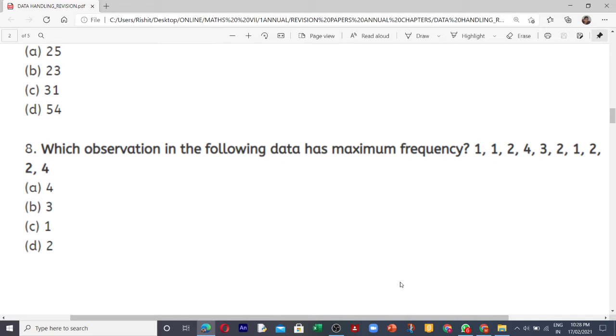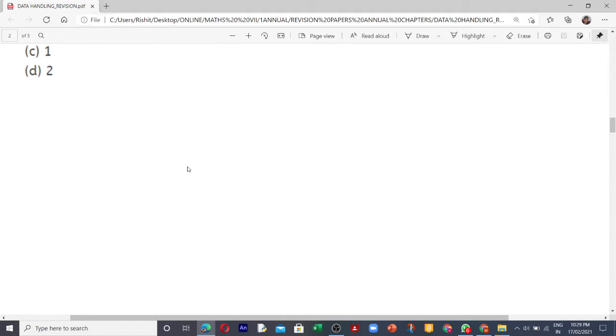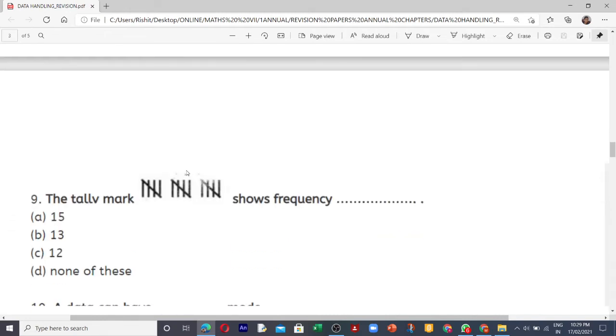Okay, everyone please write in the chat box. Now next question, children. Question number 8 we have done. Then question number 9. A tally mark shows frequency. What is the frequency of this tally mark, children?